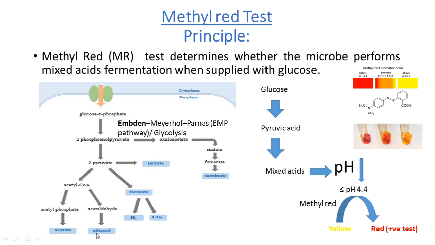It also produces the neutral compound ethanol, and 1 mole of CO2 and H2. So we can see that it produces mixed acids here, and the organisms which produce these mixed acids in significant amounts result in a reduction in the pH of the broth medium. When the pH is significantly reduced to 4.4 or below, the addition of the methyl red indicator turns the medium red.